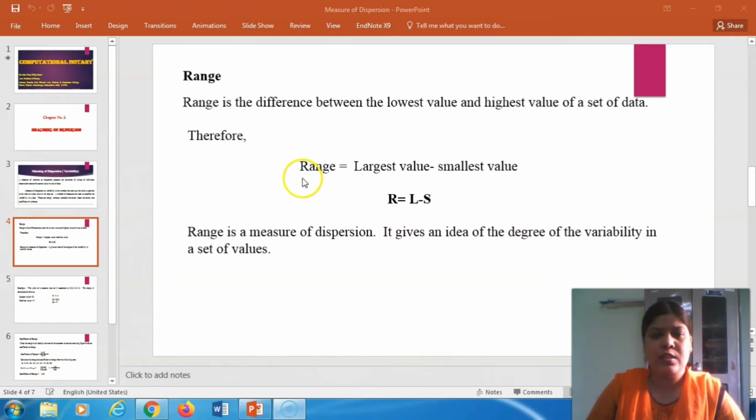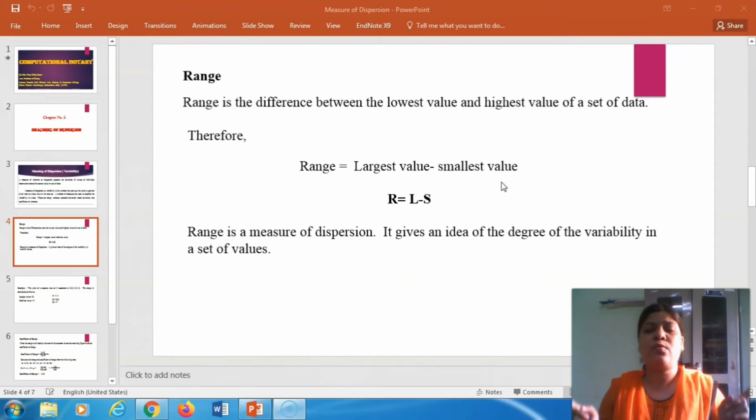In case of range, there is a formula, and suppose we have 10 values in a set of data. First we have to determine which is the largest value, and after that we have to determine which is the smallest value.